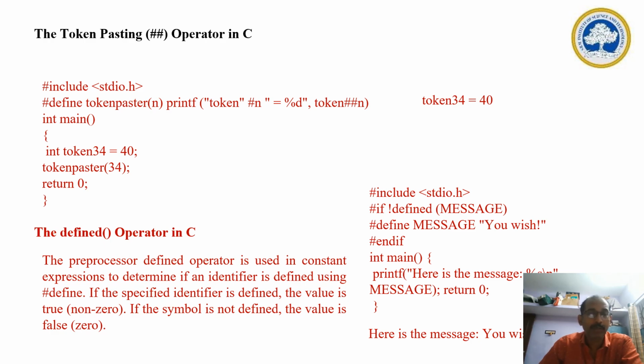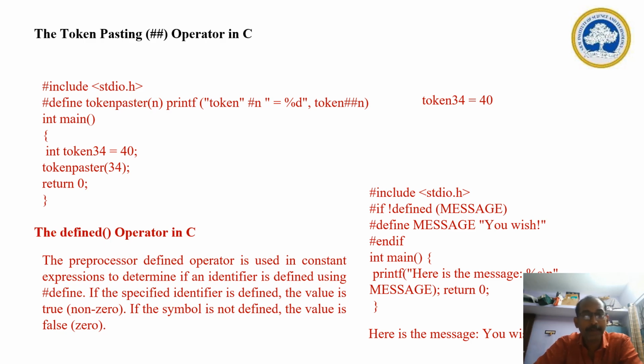If you want to see tokens: #include <stdio.h>, #define TOKEN_PASTER(n) printf("token" #n " = %d", token##n). int main() { int token34 = 40; TOKEN_PASTER(34); return 0; }. So if you pass TOKEN_PASTER as 34, it will be replaced by the printf function.